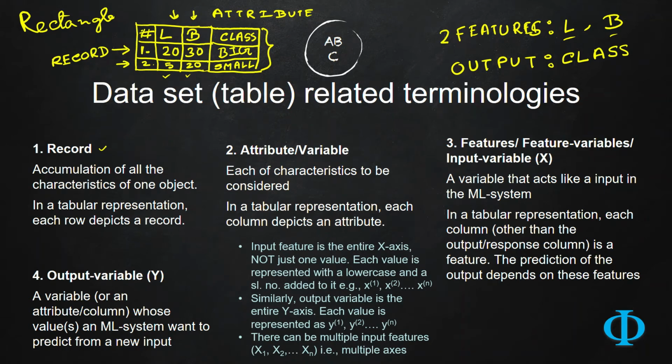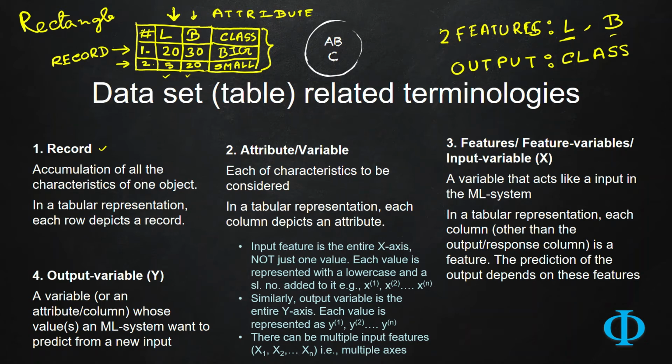Now, one thing you must remember in machine learning is that the input feature is the entire column and not just one value. What does that mean in the table? This entire column L is one input feature.